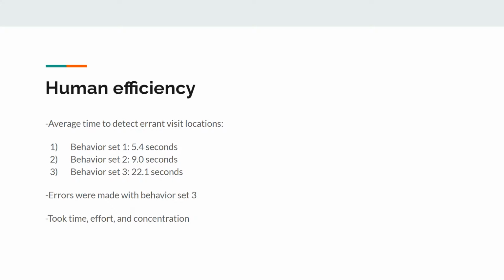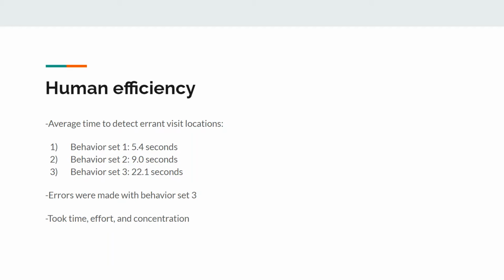The third behavior set took 22.1 seconds. This was the one that varied across one continent or one region. It took 22.1 whole seconds for a human to identify an outlier, as opposed to an algorithm which took less than a second in each circumstance and made 0 errors.